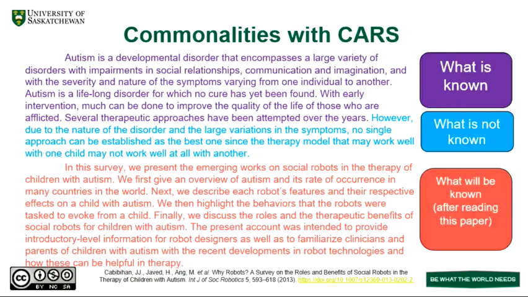And then, this is where there's a bit more of a divergence from the CARS as they relate to a literature review. Here we have reference to what will be known after reading this particular paper. Whereas if we're making use of CARS in an introduction, that what will be known is usually in relation to a research project that has been undertaken.